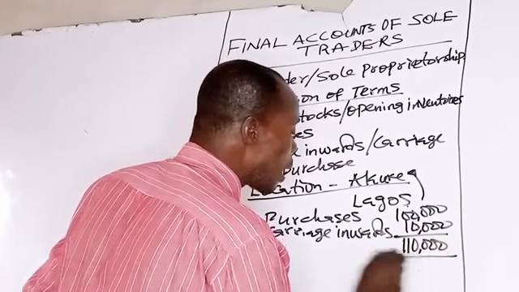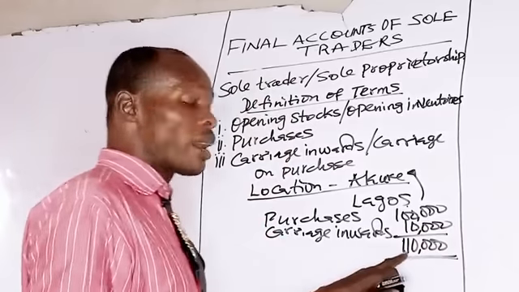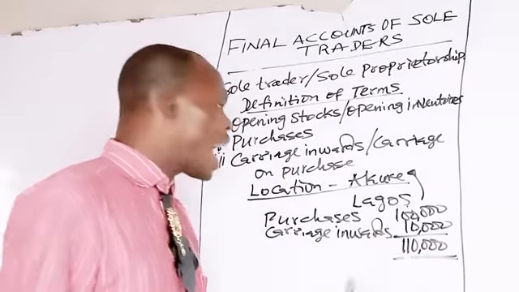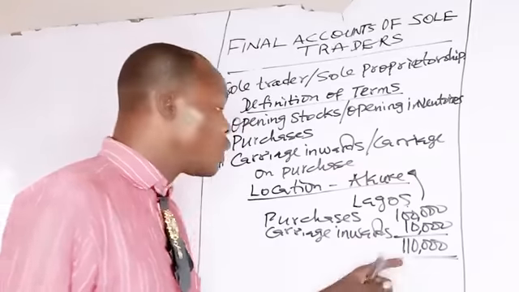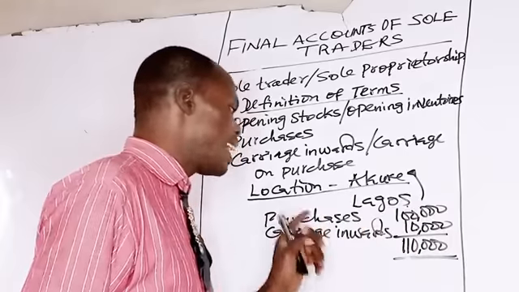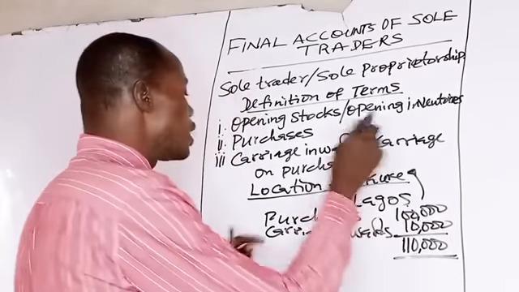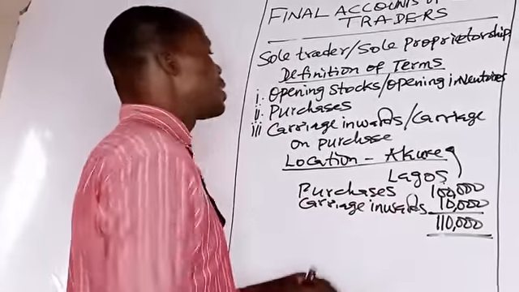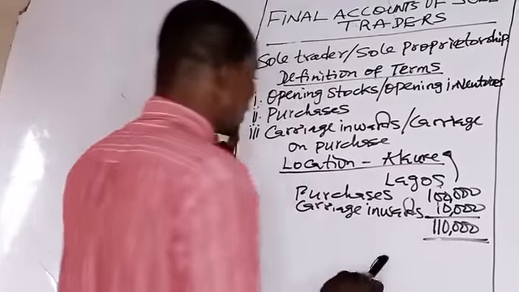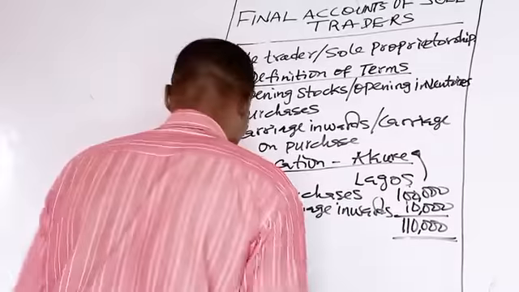That means the actual cost of the goods bought is 110,000. Therefore, anytime you see carriage inwards, it should always be added to the cost price of the item. Carriage inwards will always form part of the purchase price.